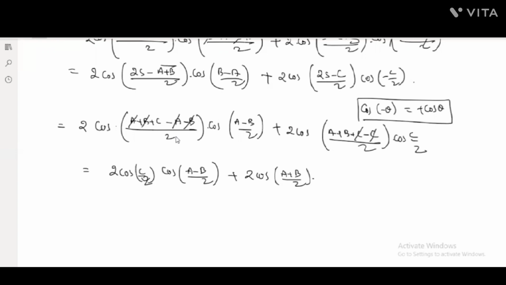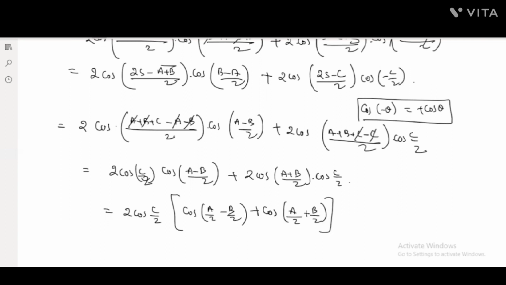From these two terms, I can take 2 cos c by 2 common. What is left is cos of (a minus b) by 2, which I can write as cos of (a by 2 minus b by 2), plus cos of (a by 2 plus b by 2).